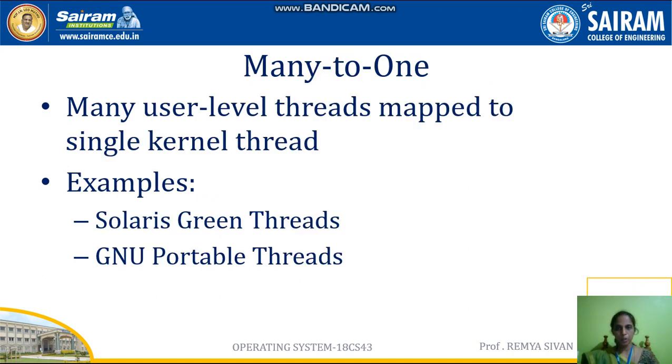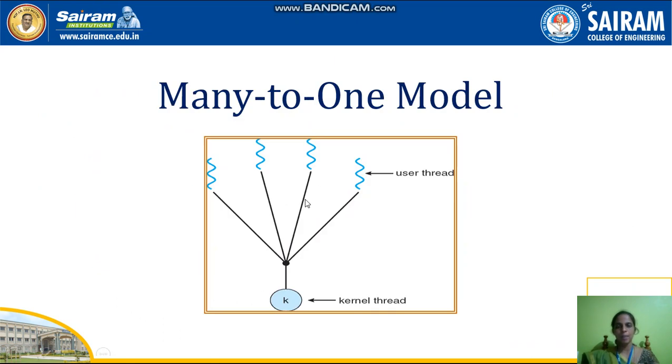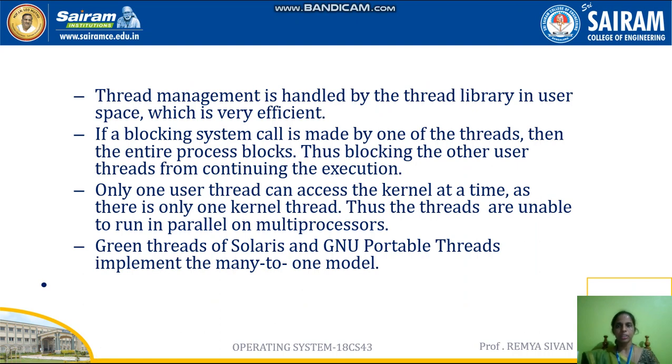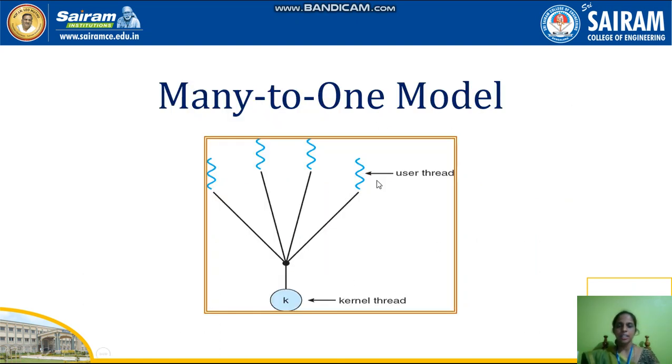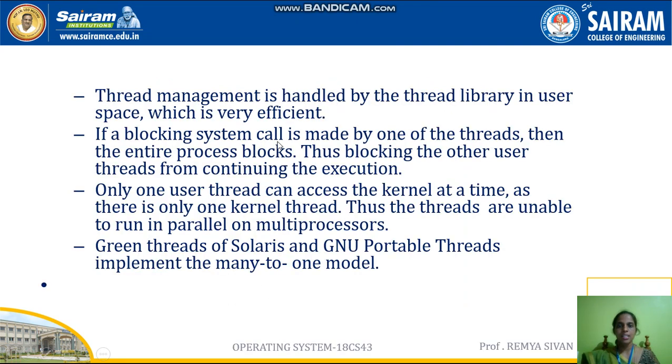The first one is many-to-one. Many user-level threads are mapped to a single kernel thread. But with this model, if there is only one kernel thread to take care of all the user threads and one user thread makes a blocking system call, the entire process is blocked, thus blocking the other user threads from continuing execution.